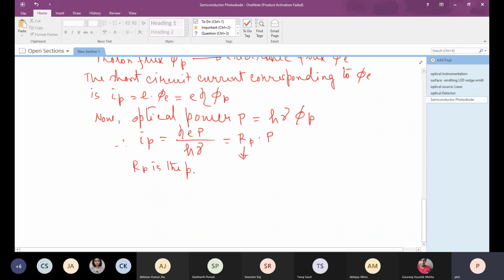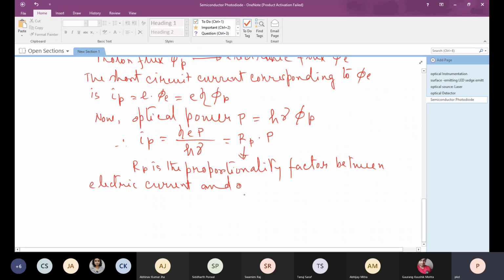RP is the proportionality factor between electric current and optical power, which is known as responsivity.